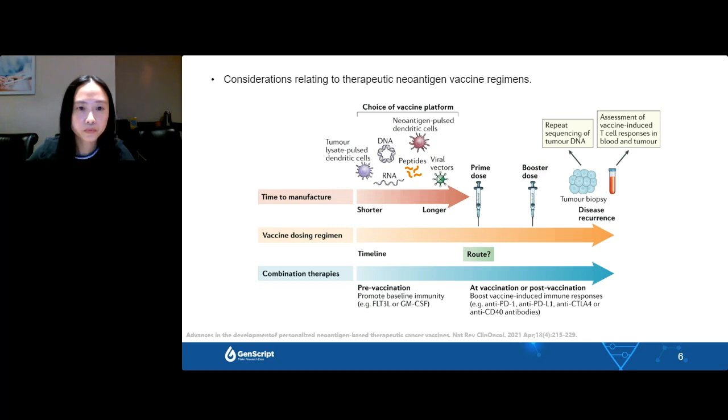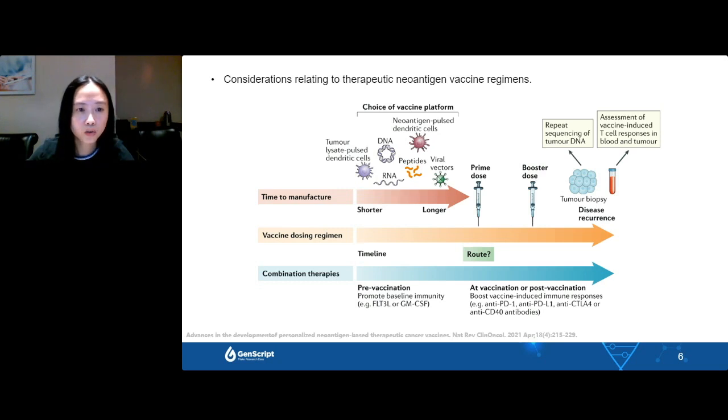So here, it listed the time to manufacture from the short one to the long one. When the researchers, our customers, choose the vaccine platform, time to manufacture is an important thing to think about.